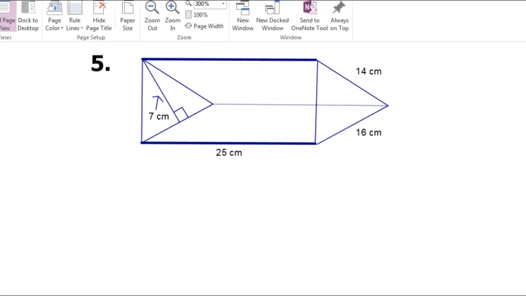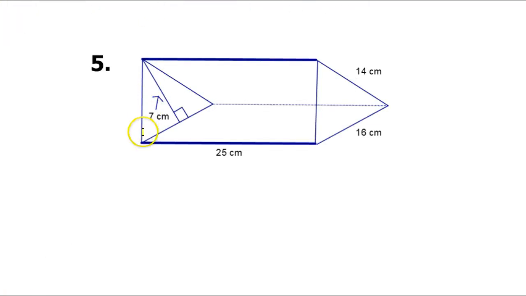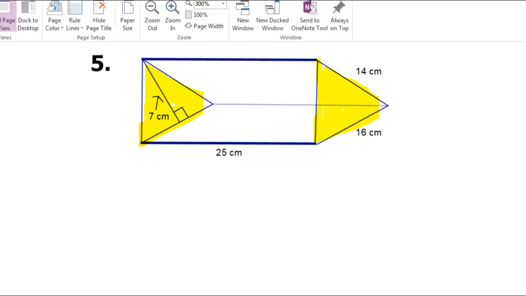Number 5 is a prism. Notice that I've got a triangular base right here, and I know that's the base because I've got 2 of those, across from each other. So these are the 2 bases. Now the distance between the bases is the height.